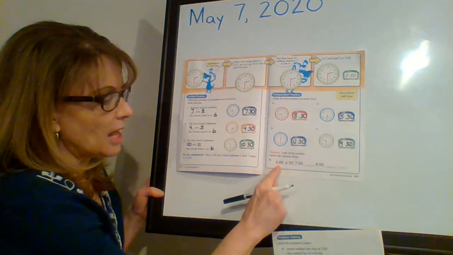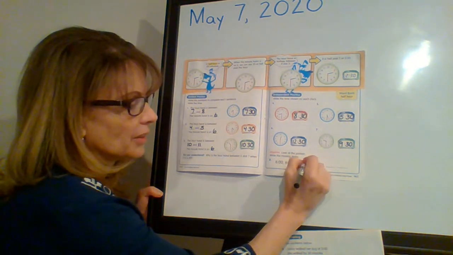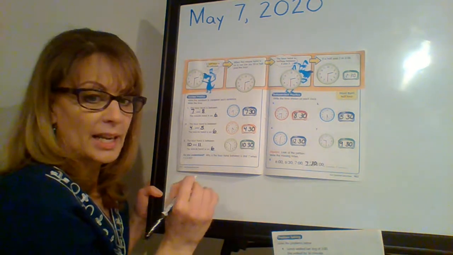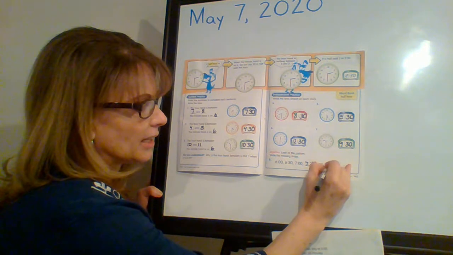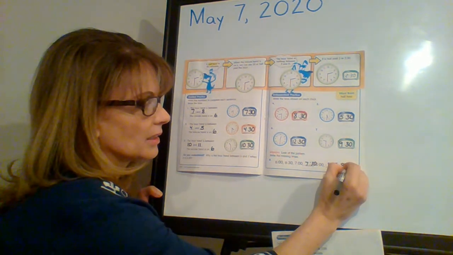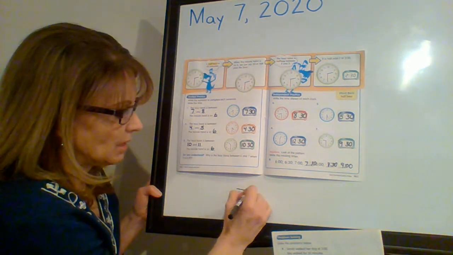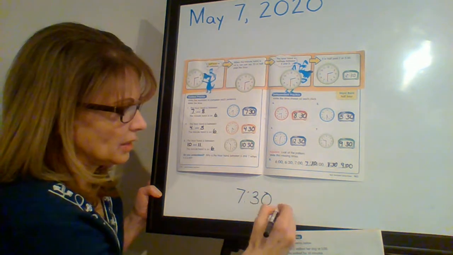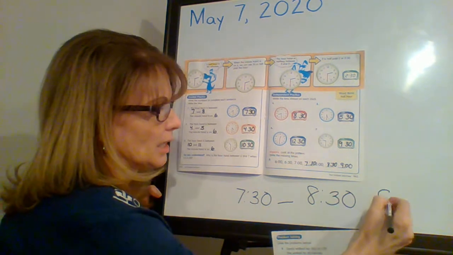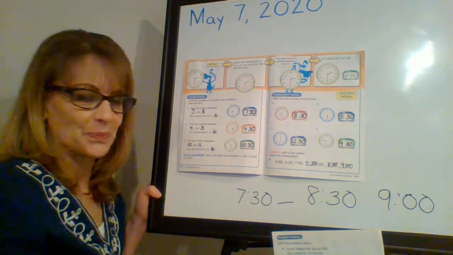Well, if I have 6 o'clock and then 6:30, 7 o'clock, I'm going to have 7:30. And then I have 8 o'clock and 8:30, and then 9 o'clock. How'd you do? Good job.